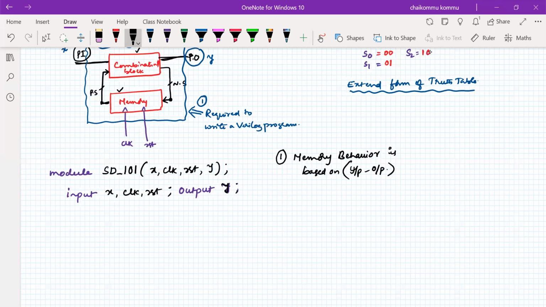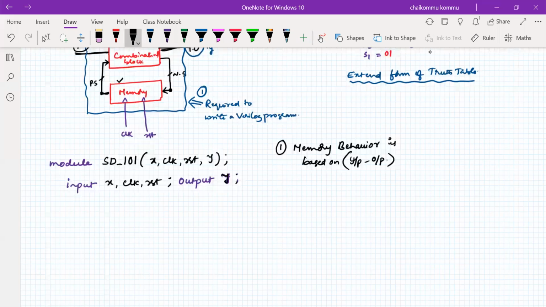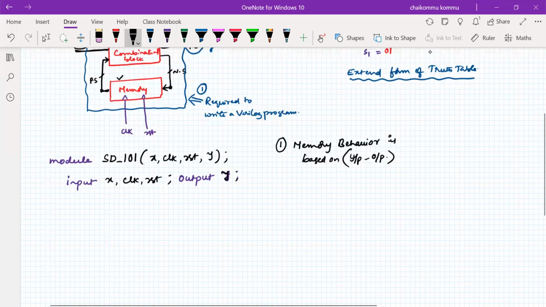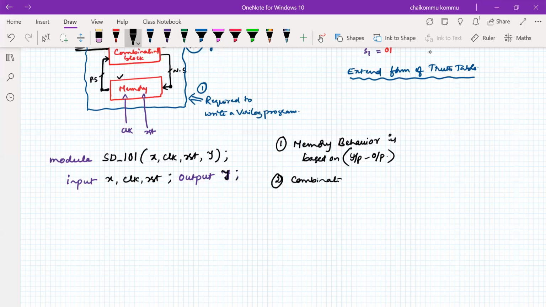For this, only the input output behavior we need to write. Whereas for the combinational block, the combinational behavior is also described with the help of input output behavior only, but here it is based on the state diagram or state graph. So the state graph will give the information related to the combinational circuit.